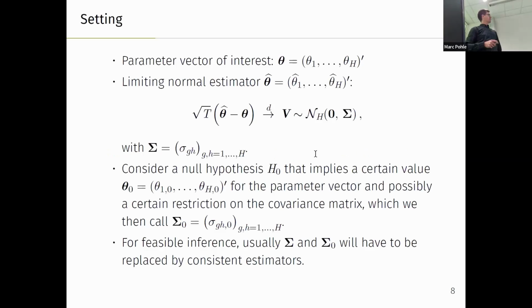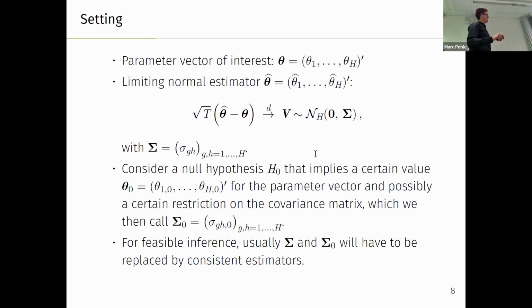At the beginning of the paper we discuss this rather general case. So we have a parameter vector theta of length capital H, and we assume that there is a limiting normal estimator for this theta. So the central limit theorem holds for theta, and the asymptotic variance is gamma.